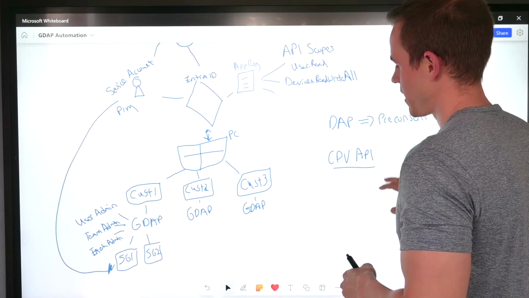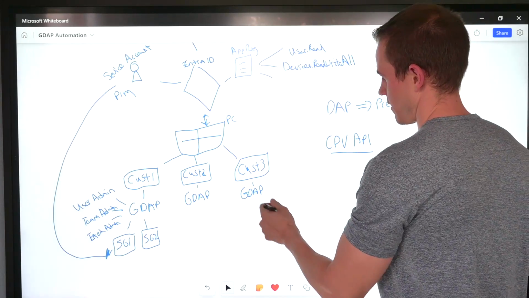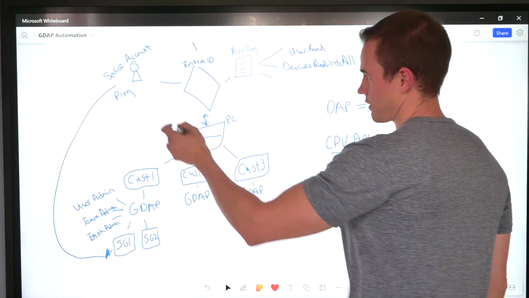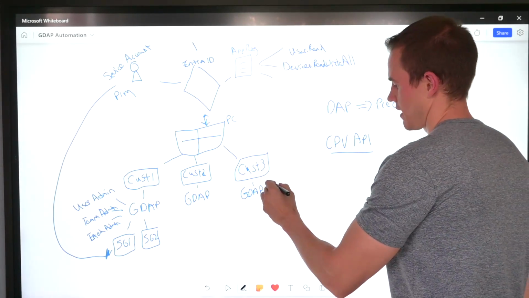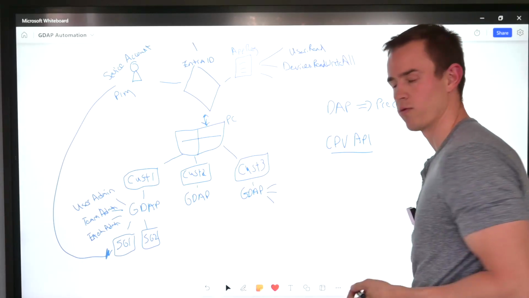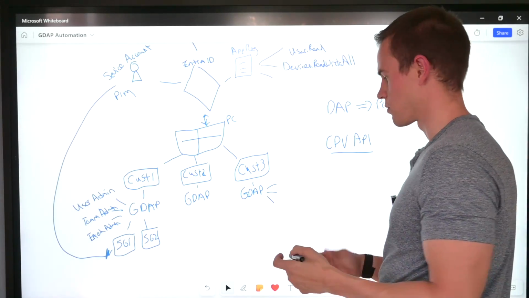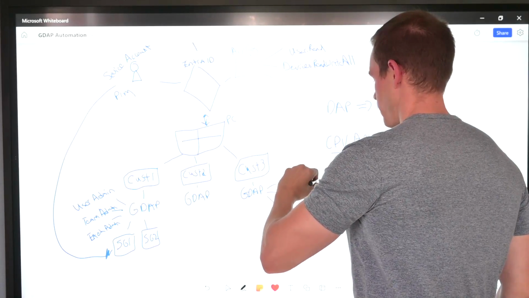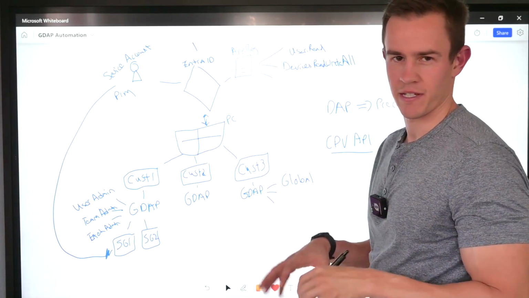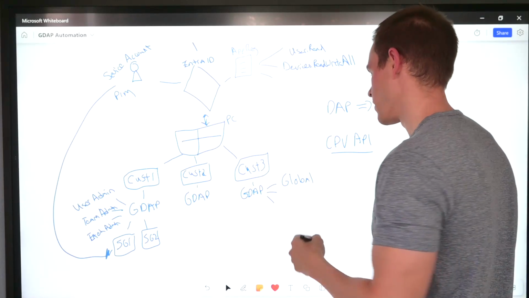So with the CPV API, the prerequisite that you have to have here is that the service account and the associated security group that it's part of has to have access into one of 3 different roles within Microsoft. Now, by the time you're watching this, it may have changed, but I'll link below a blog post that details all of this, and I'll update that over time as well.